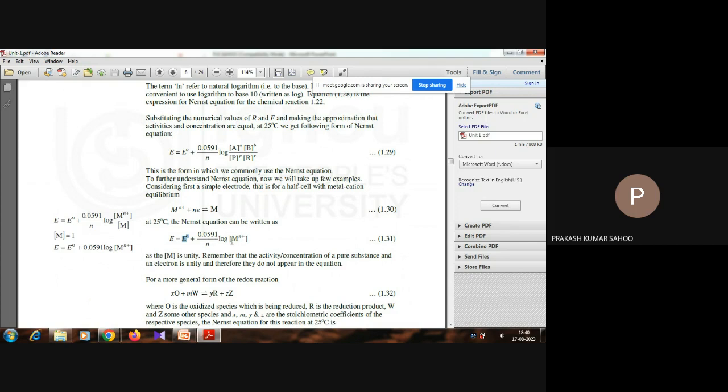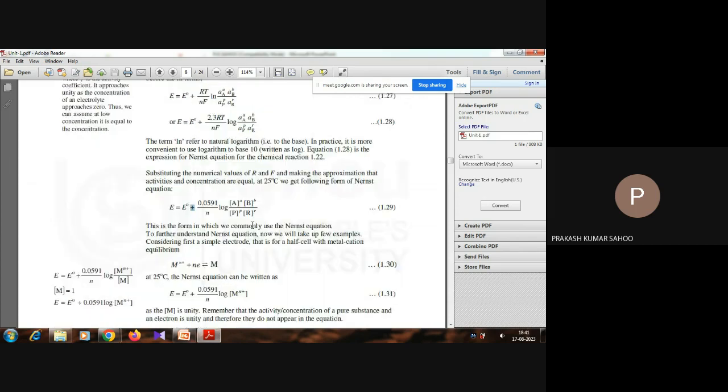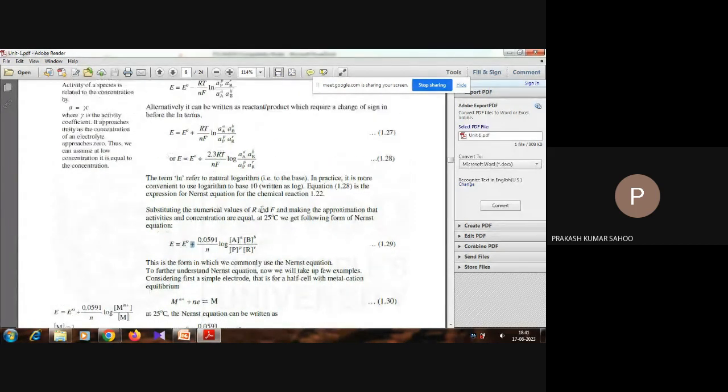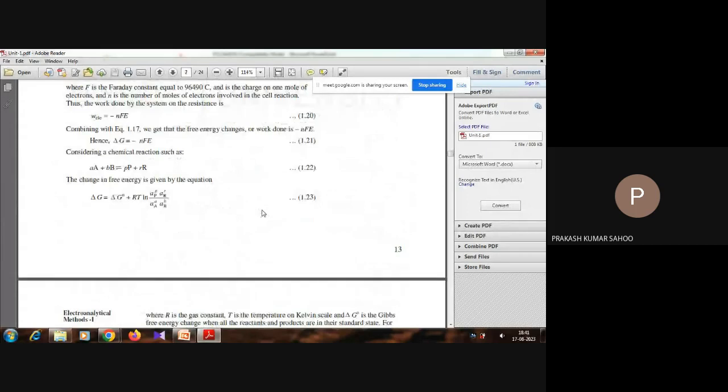So this is the formula. You have to remember this formula: E equals E0 cell plus 0.0591 by n log reactant by product. Sorry, if it is plus, it is reactant by product. If it is minus, then it will be product by reactant. Product by reactant means, in a reaction, say AA gives rise to PP plus RR, so what will be the Nernst equation? It will be E equal to E0.